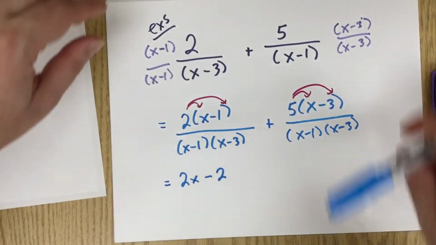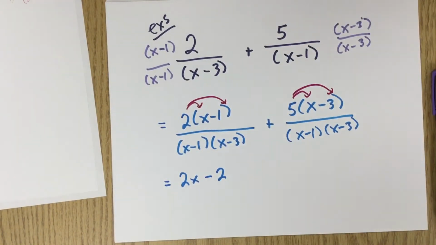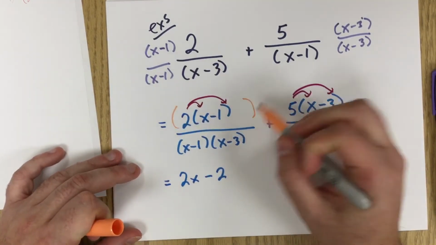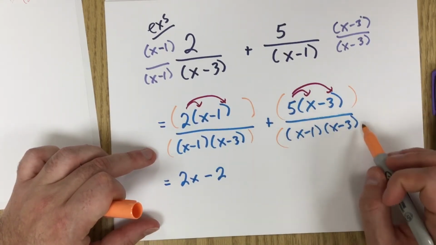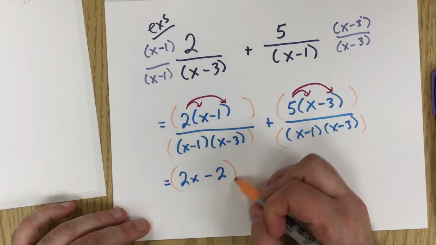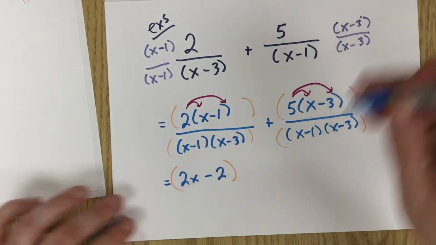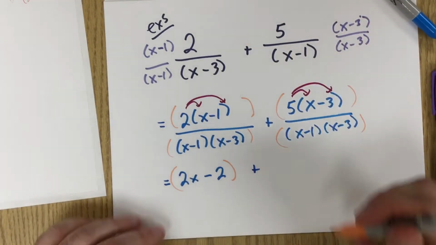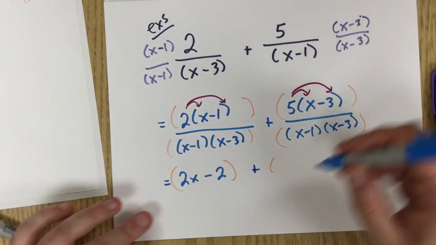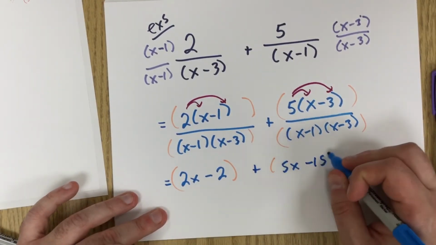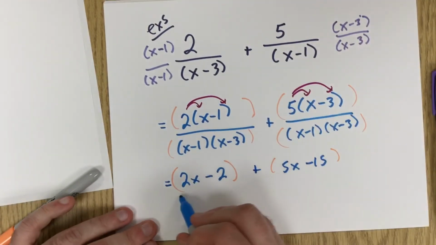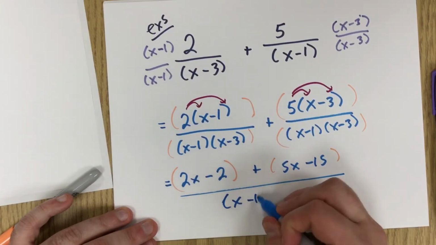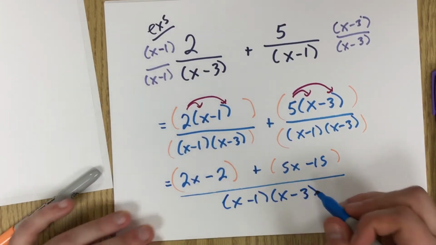And remember, I said this on another one, there's always kind of an invisible bracket around the numerator and an invisible bracket around the denominator of an entire fraction. So it's going to be like this: 2x minus 2 plus 5x minus 15 all over x minus 1 times x minus 3.